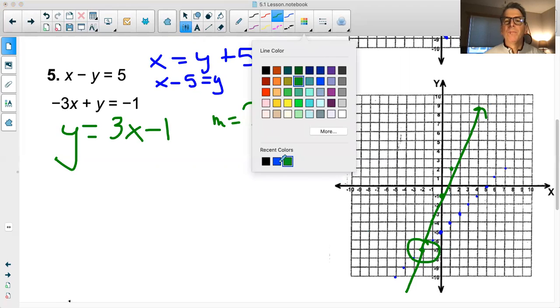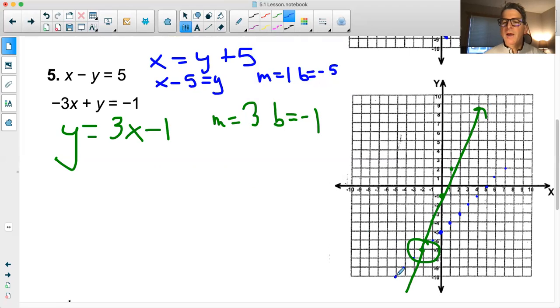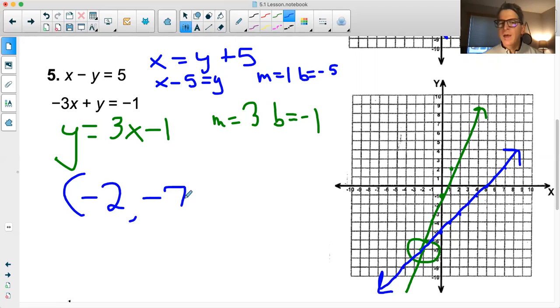Okay. So you can kind of see why there's the last couple, because of the smartboard, I will hold off on drawing the lines in there yet. So you can see that intersection is going to be at -2, -7. -2, -7, and that would be your answer for number 5.